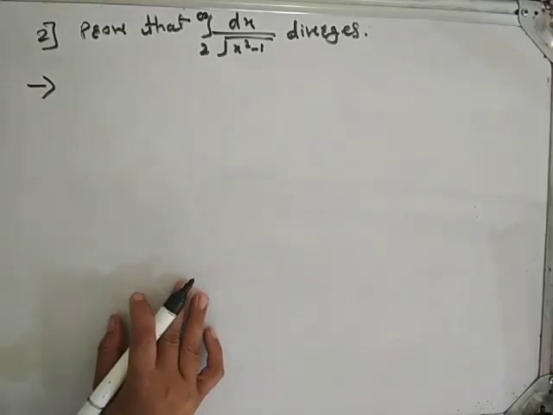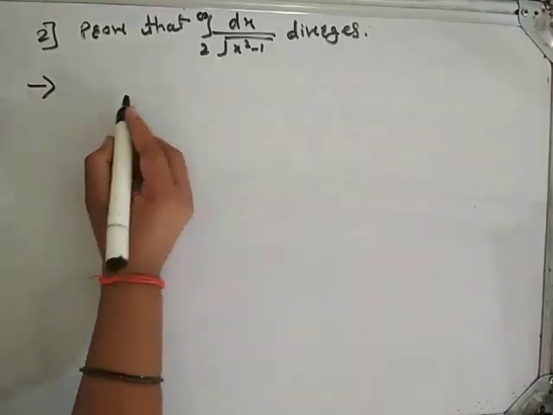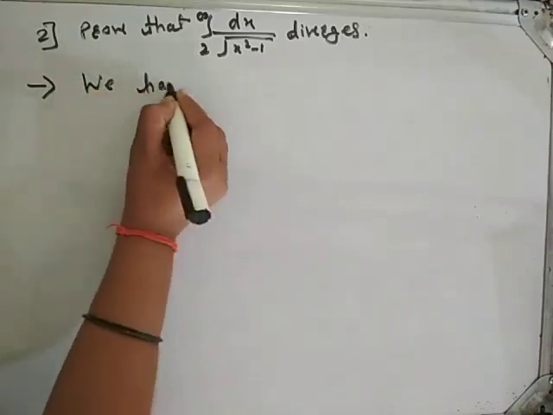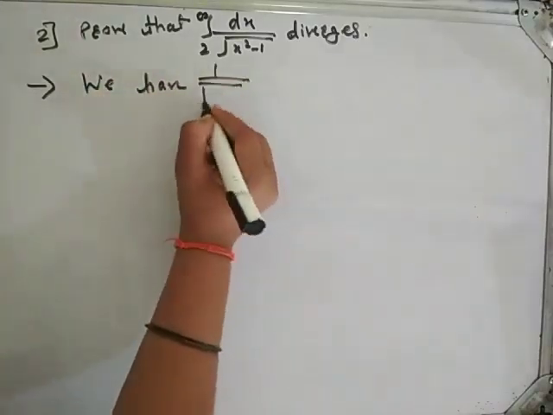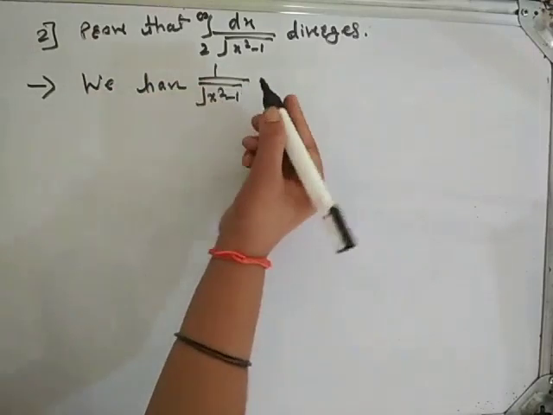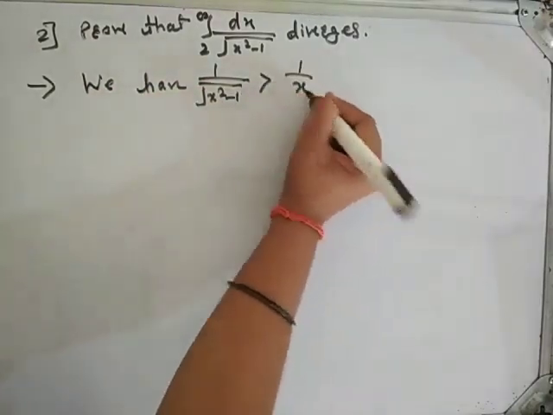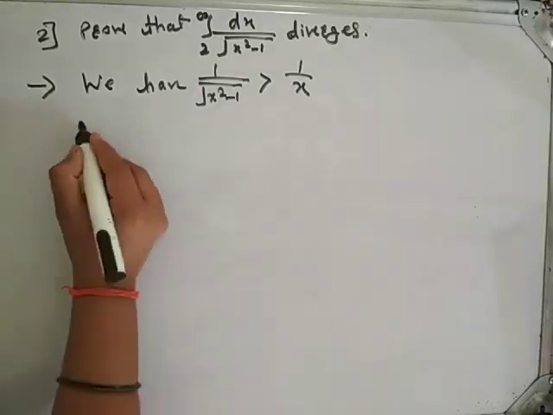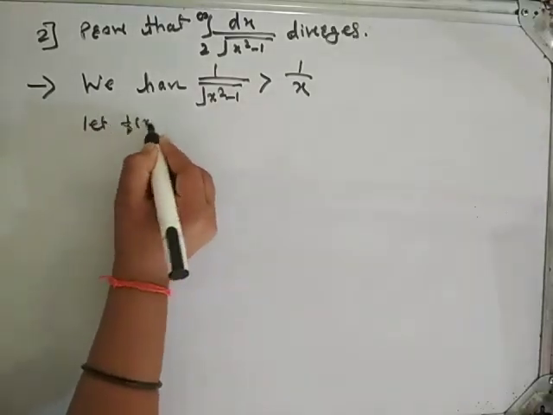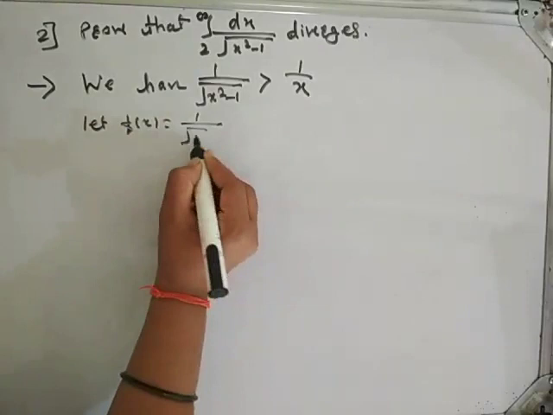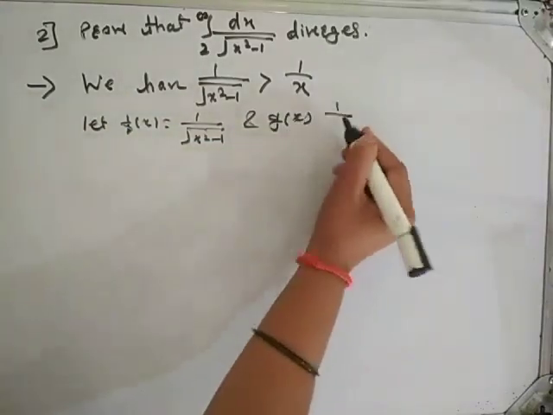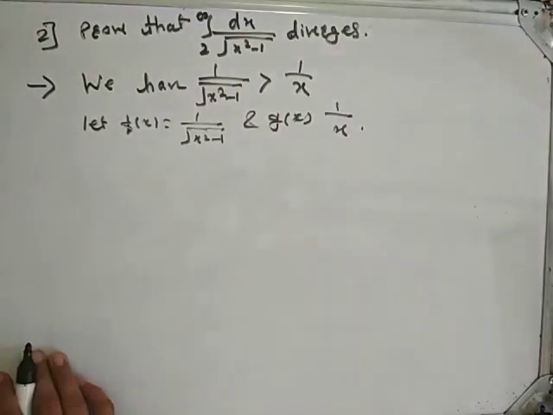See here, students, we have, obviously, 1 upon root of x square minus 1 is always greater than 1 upon x. So let f of x be 1 upon root of x square minus 1 and g of x be 1 upon x.